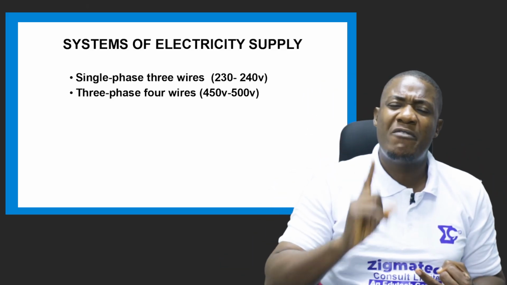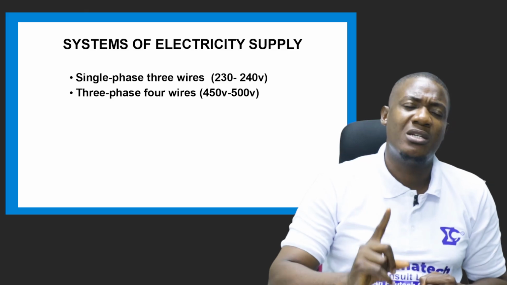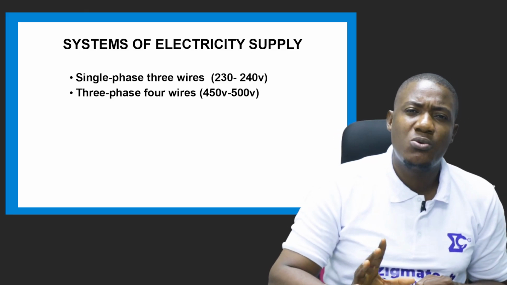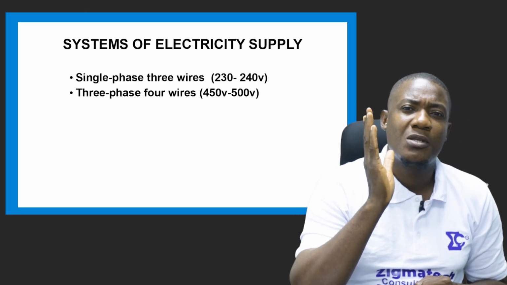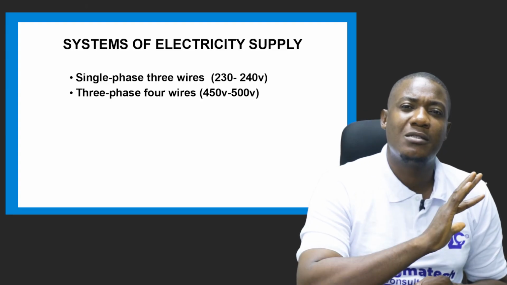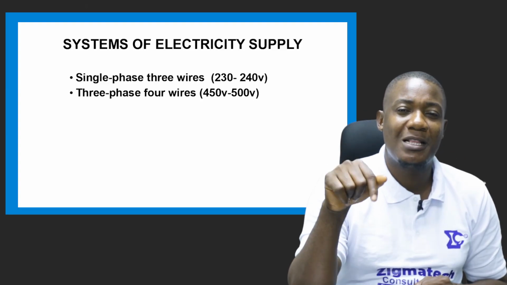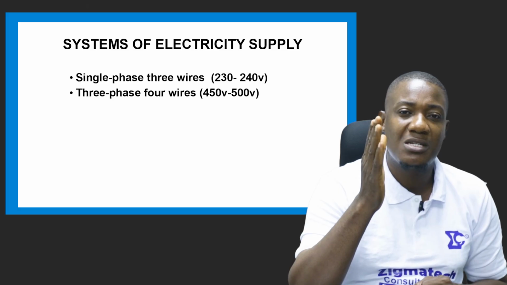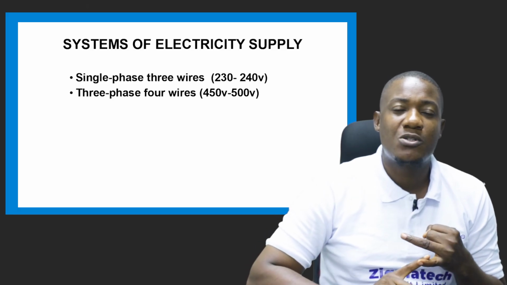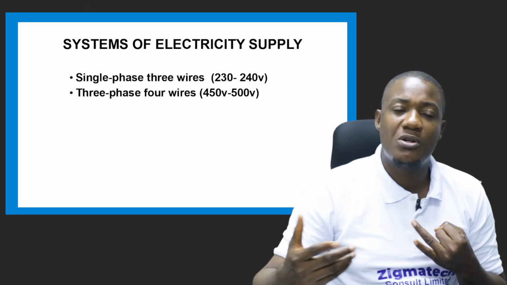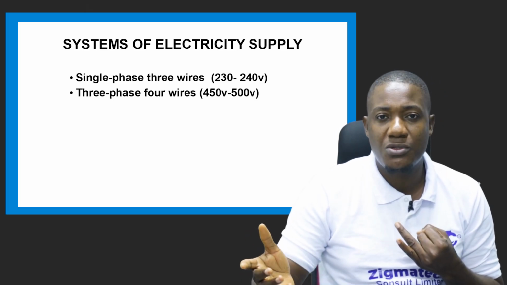Now, if you just have one phase, that is the alternating current entering your building, it will just have one phase. So if light goes from this phase, you will not be able to get light, unless there's light in that phase. Now, this supplies electricity from about 230 volts to 240 volts.